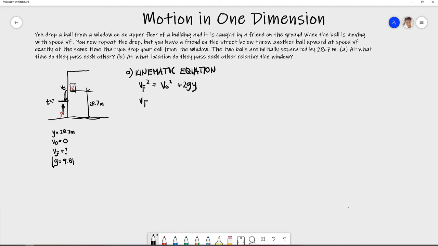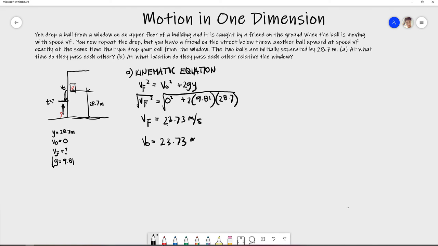Substituting the given values, Vf squared is equal to 0 squared plus 2 times the acceleration due to gravity times the height, 28.7. Taking the square root of both sides, the final velocity when the stone reaches the ground is equal to 23.73 meters per second, wherein this final velocity is the initial velocity when the object is thrown upward.